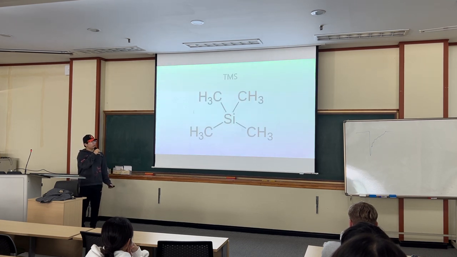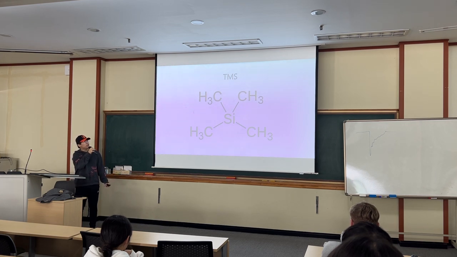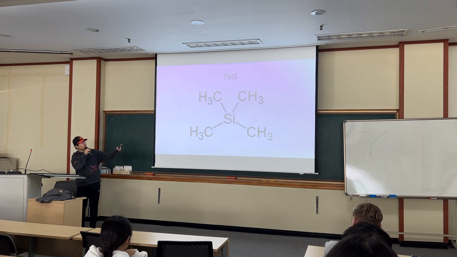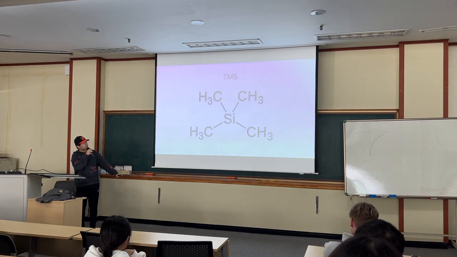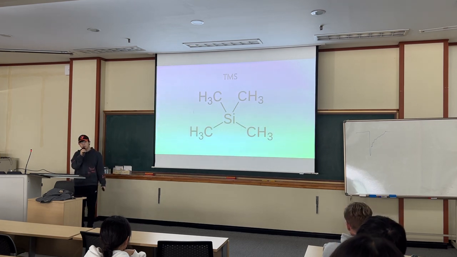Before talking about the magnetic field, I brought TMS as the reference material in NMR. It's called tetramethylsilane, and we usually use this material for reference because, as we can see, there are 4 methyl groups and all the hydrogens have the same chemical environment, so it only gives one peak.